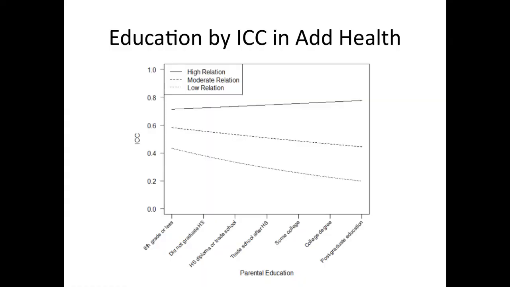It happens in the Adolescent Health and Development Project, where they have more than just twins. They have identical twins on the top line, fraternal twins and ordinary siblings on the middle line, and then things like half-siblings and cousins on the lowest line. The x-axis is parental education, which is our proxy here for socioeconomic status.